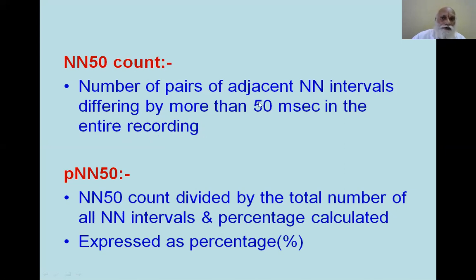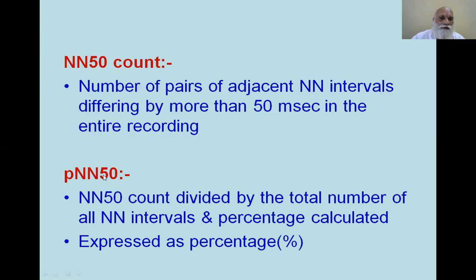Then you find out where the NN intervals differ by more than 50 milliseconds, where the adjacent intervals differ by more than 50 milliseconds. Such pairs are counted. That is the NN50 count.